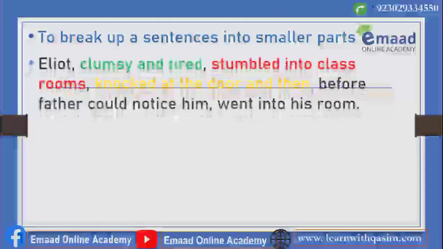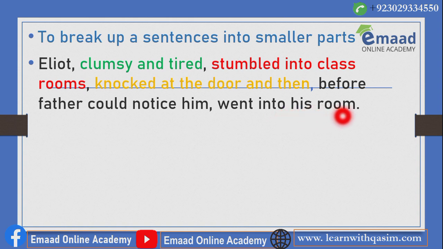For example, Eliot, clumsy and tired, stumbled into classrooms, knocked at the door, and then, before father could notice him, went into his room. Now we have divided each section of these sentences into small parts by using commas to make it easy for the reader to grasp the meaning.